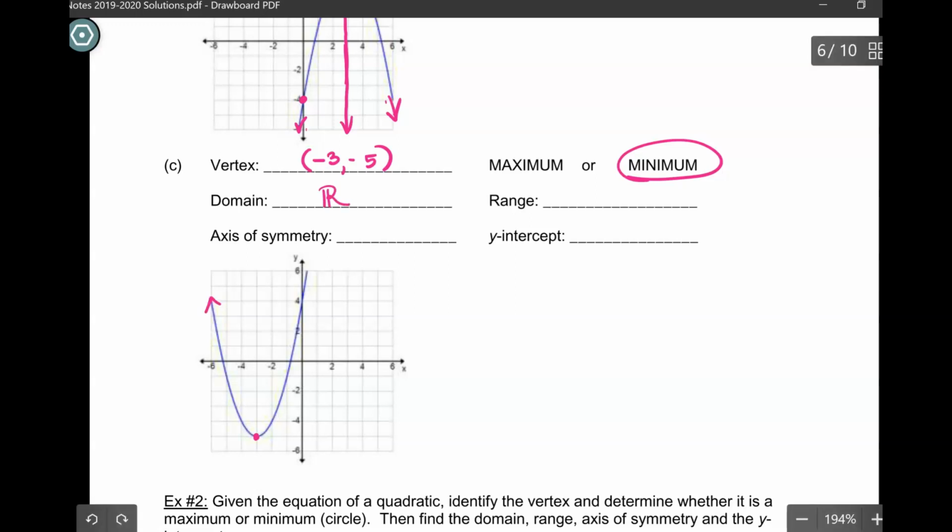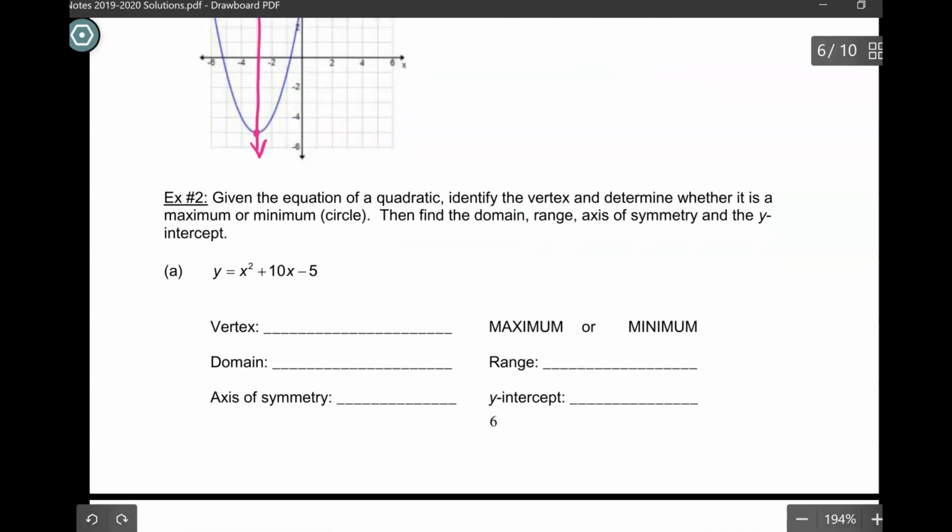And the range, when it's a minimum, starts here at a y value of -5, and it's pointing upward, so it's going greater than or equal to -5. Our axis of symmetry goes right through the vertex, and it's always x equals, and this is x equals -3. And the y-intercept this time crosses at +4, so it's (0, 4).